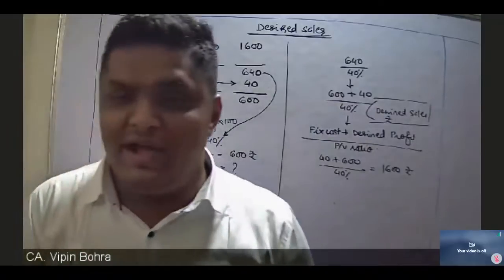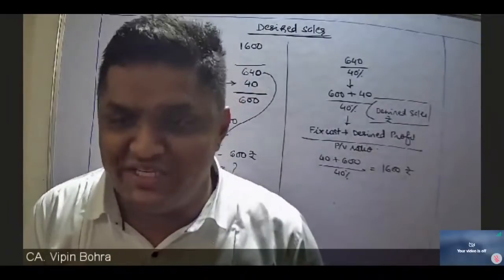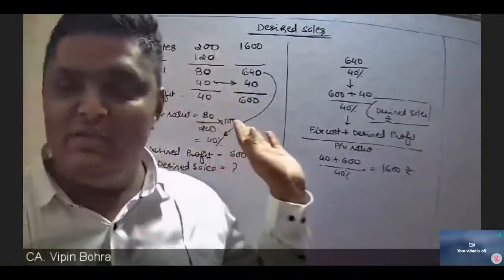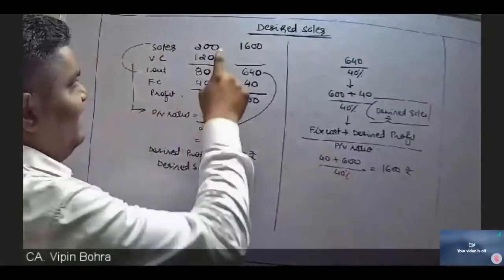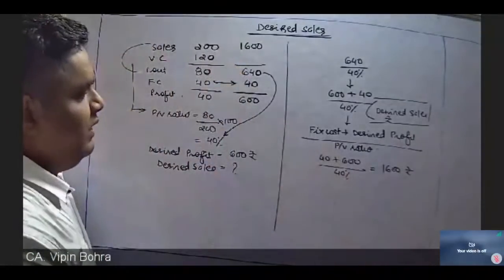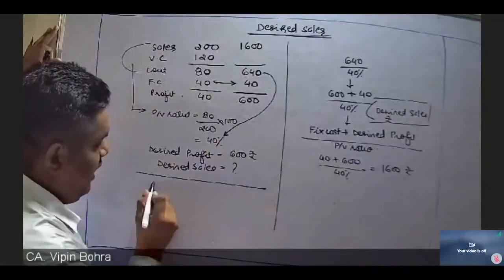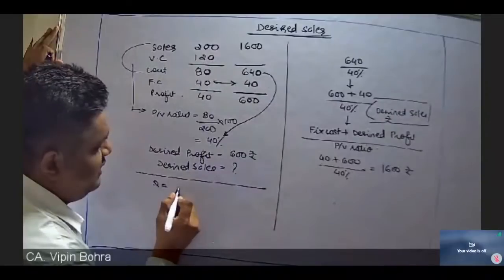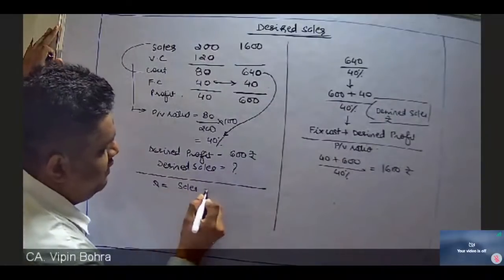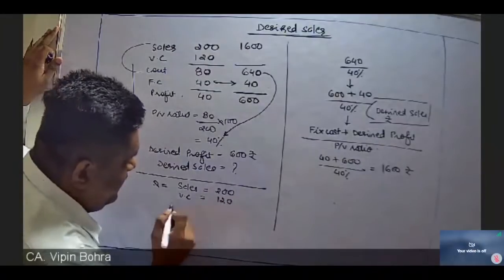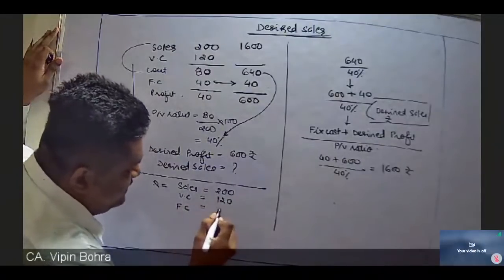Mr. Rakesh Vyas, this is my question. I have not taken any sort of calculation. In the question it is given my sales is 200. I have started this part initially in this question. Sales is given as 200. My variable cost given is 120 and my fixed cost given is 40.